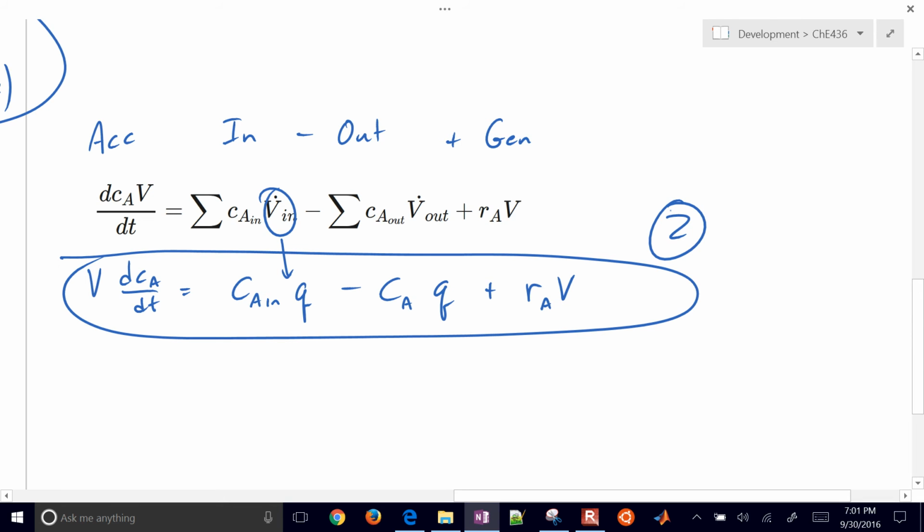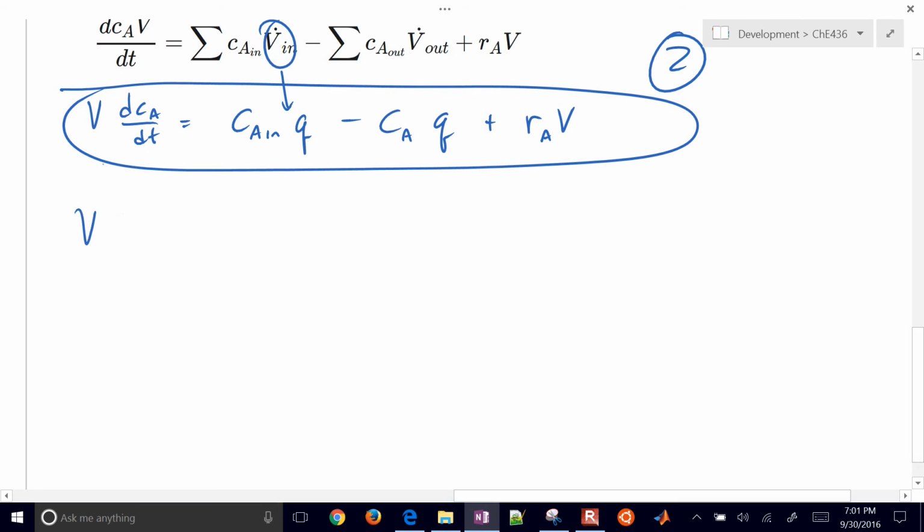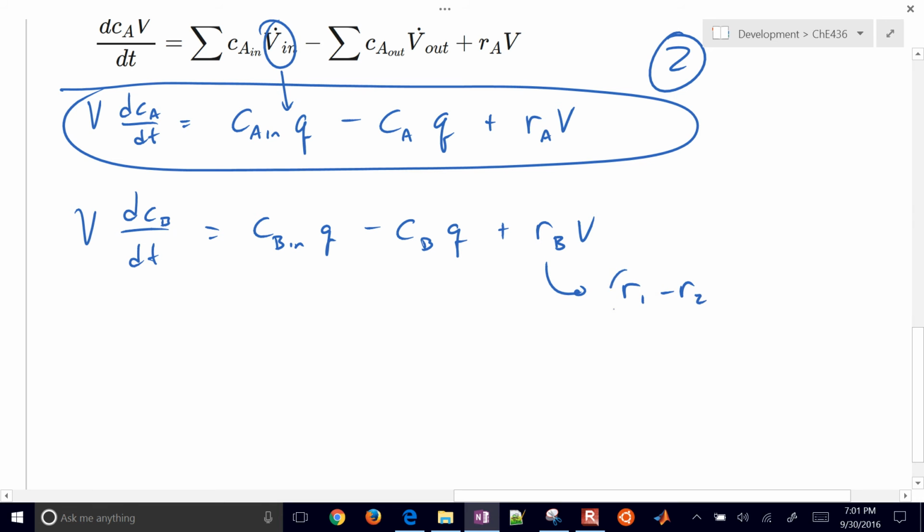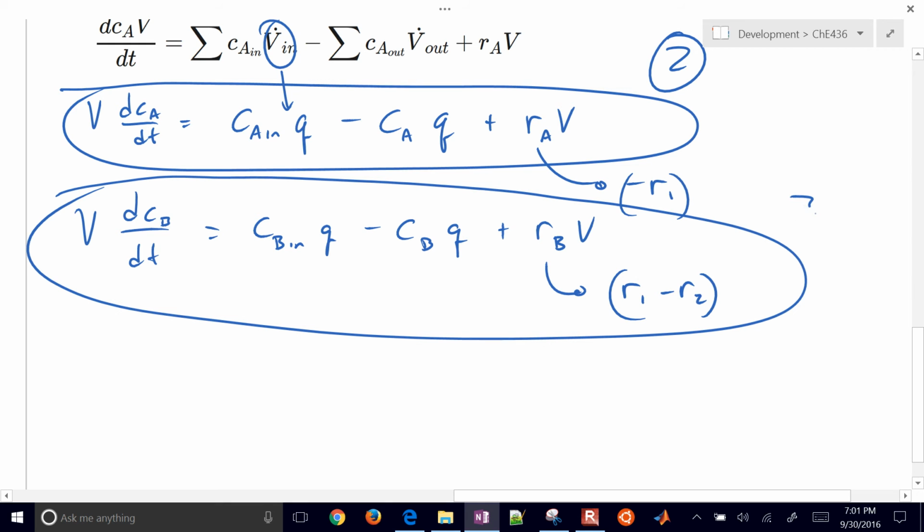Okay, our third one is going to be very similar. Just change to dCB/dt. CB in times Q minus CB times Q plus RB times V. Now this one, RB, was equal to R1 minus R2, and RA was equal to negative R1. And so this is our equation number 3.